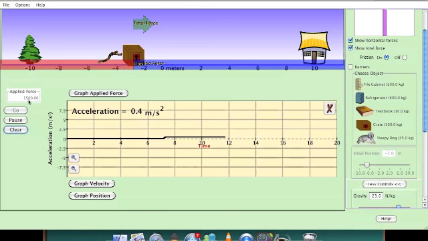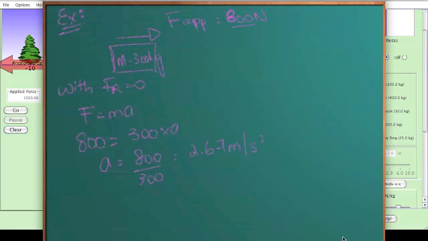So we have applied a force of 1500 newtons, and it's moving with an acceleration of 0.4 meters per second square. Because we applied 1500 newtons and not 800, if I substitute 1500 everywhere, without friction my answer would have been 1500 divided by 300, which is 5 meters per second square.